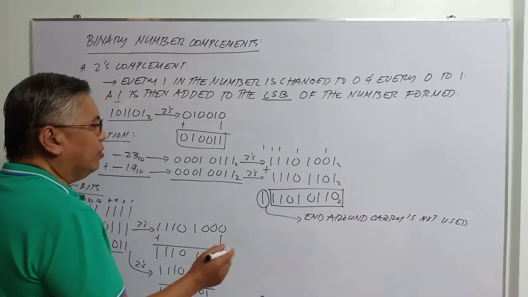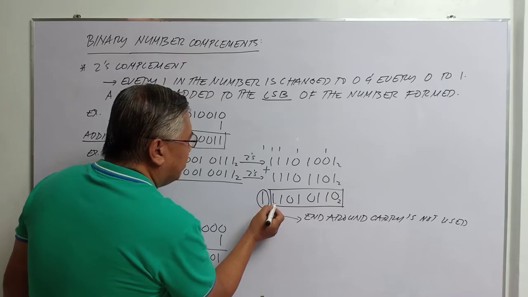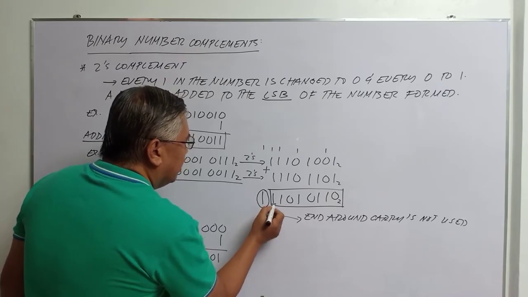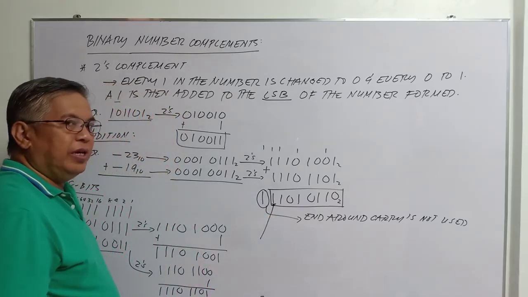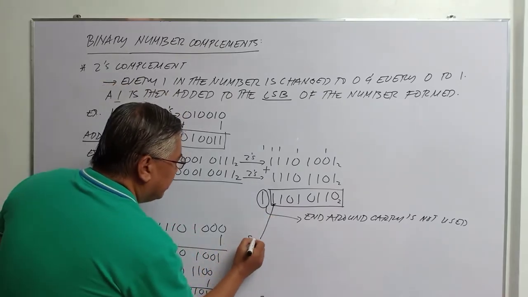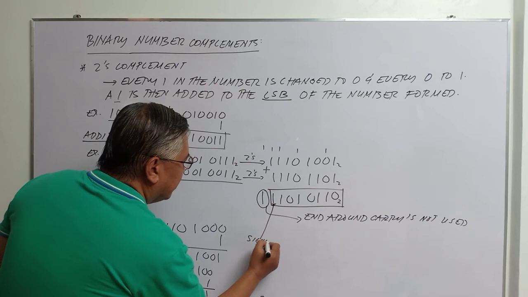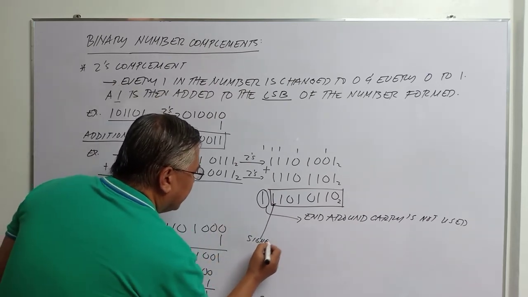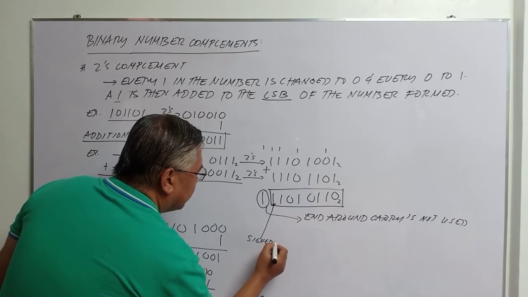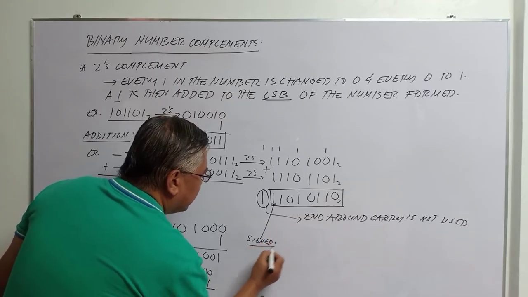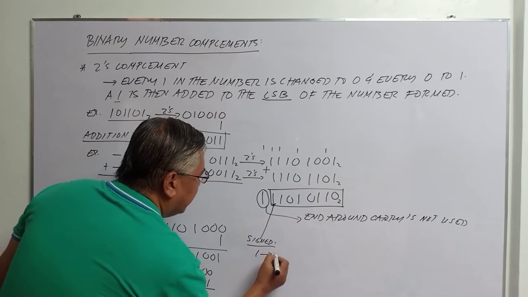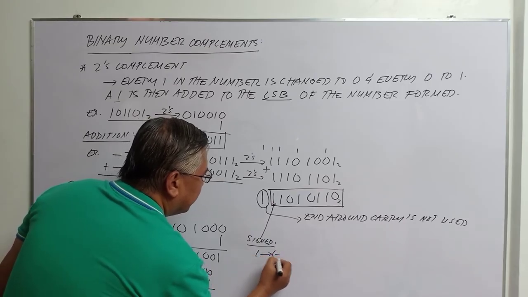Now, if you notice that the most significant bit, which is this one here, is actually the sign of the number, no? This is the sign of the number. In this particular case, if the sign is 1, then that means that it is a negative number.